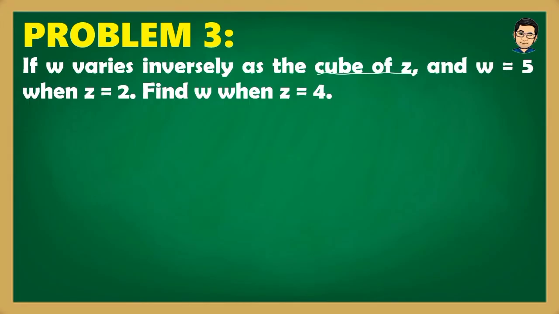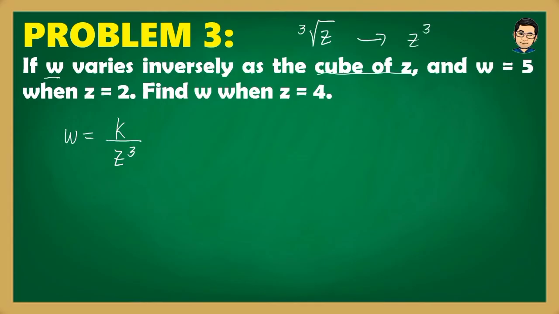So, isulat lang natin, W, yung una nating variable, and then is equal to K over the cube of Z. So, paano natin susulat yung cube of Z? Simply, Z cube. So, kapag cube root of Z, ito po siya. Pag naman cube of Z, Z cube.